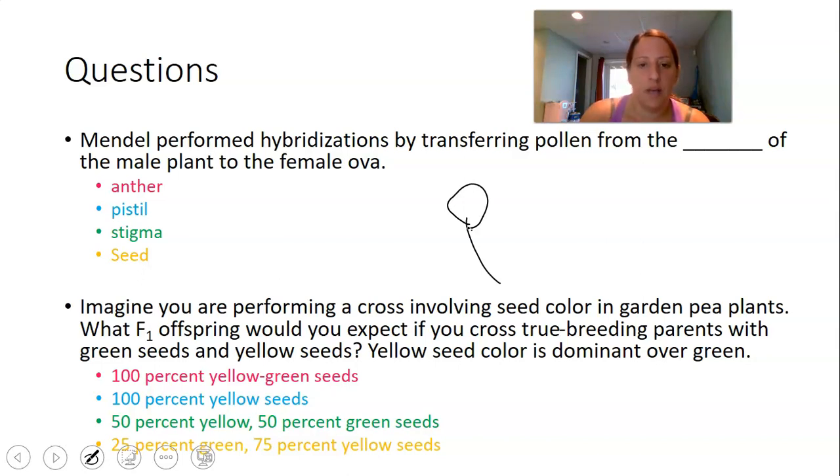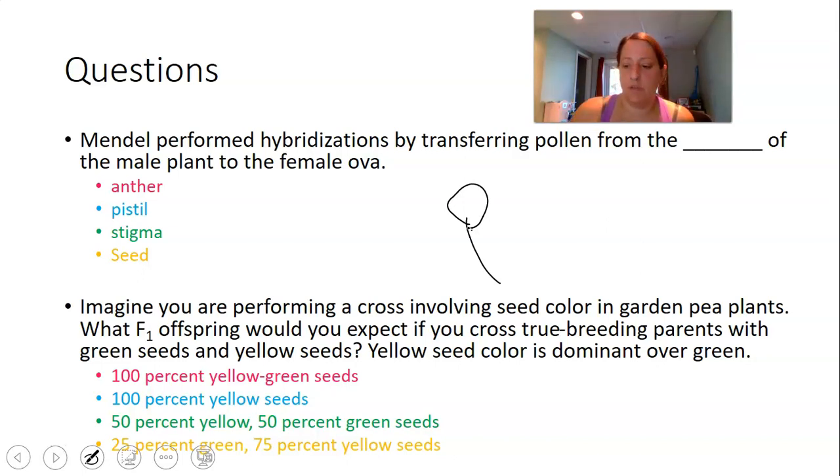Okay. The next question here, imagine you are performing a cross involving seed color in garden pea plants. What F1 offspring would you expect if you crossed true breeding parents with green seeds with true breeding parents that have yellow seeds? Yellow is dominant over green.